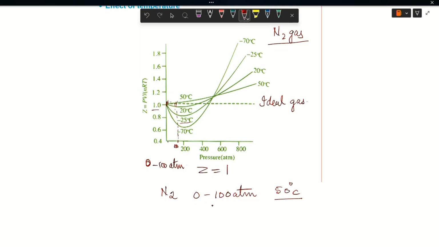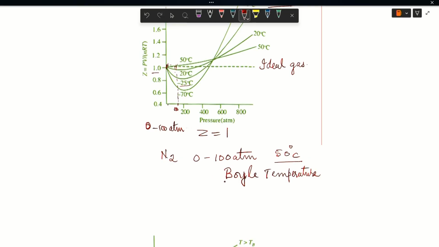Now, this temperature at which the nitrogen gas behaves ideally for a pressure range 0 to 100 atmospheres is known as the Boyle temperature. Boyle temperature means it obeys Boyle's law and also it behaves ideally.